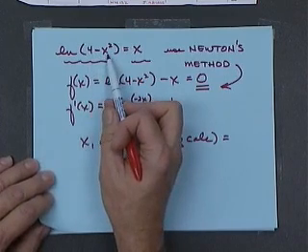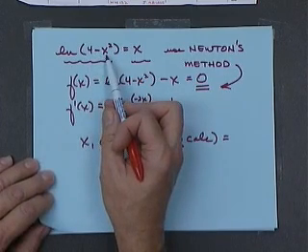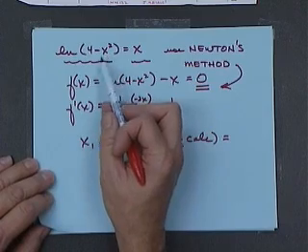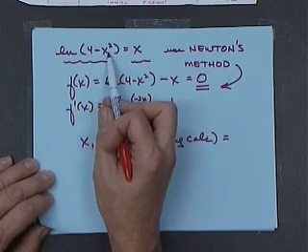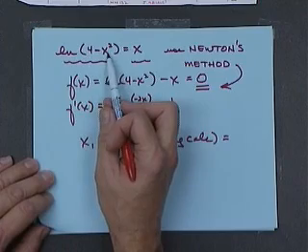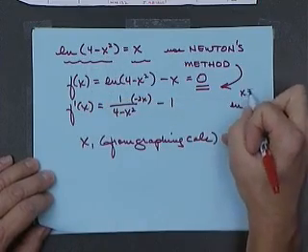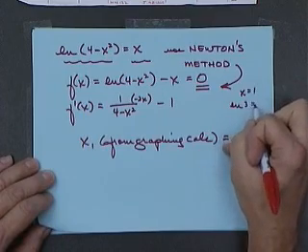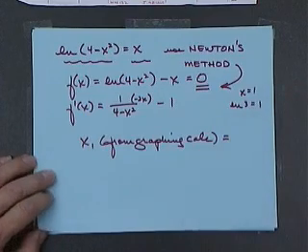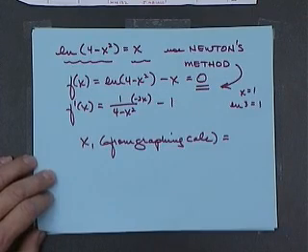If x is 1, that might be pretty good, actually. 4 minus 1 squared, that's 3. Natural log of 3. Remember, I put in x equals 1. Is the natural log of 3 pretty close to 1?